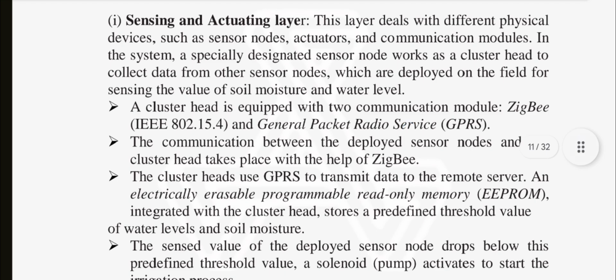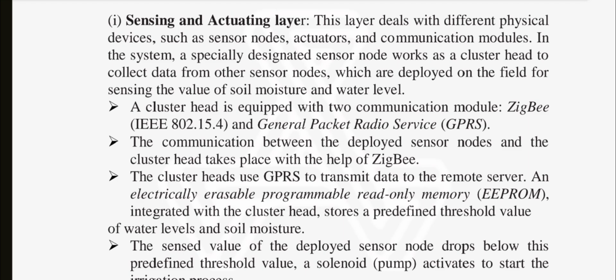Sensing and actuating layer. This layer deals with the different physical devices such as sensor nodes, actuators, and communication modules in the system. A specially designed sensor node works as a cluster head to collect data from some other sensor nodes which are deployed on the field for sensing the value of soil moisture and water level.